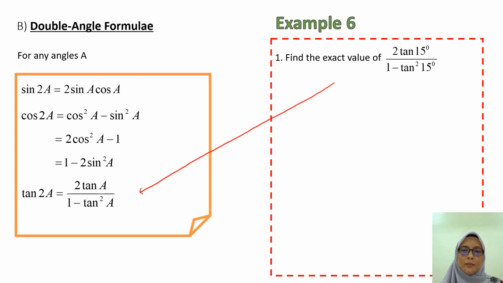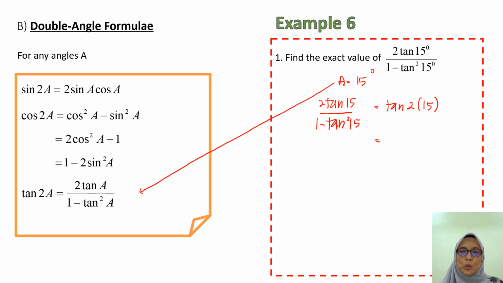So from here kita boleh dapat dah A equal to 15, because 2 tangent ni iaitu tangent A. Okay, so means that dekat situ kita dah dapat the value A is equal to 15. So sini kita ada 2 tangent 15 over 1 minus tangent squared 15. So this one is equal to tangent 2A, which is 15 times 2.